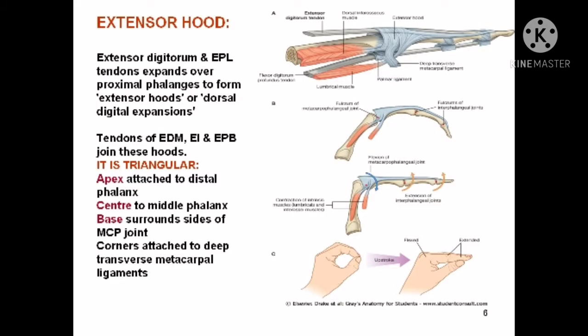The extensor hood or the extensor expansion or the dorsal digital expansion, in which the extensor tendons merge. The extensor digitorum and the extensor pollicis longus tendon expand over the proximal phalanges to form extensor hoods or the dorsal digital expansions.